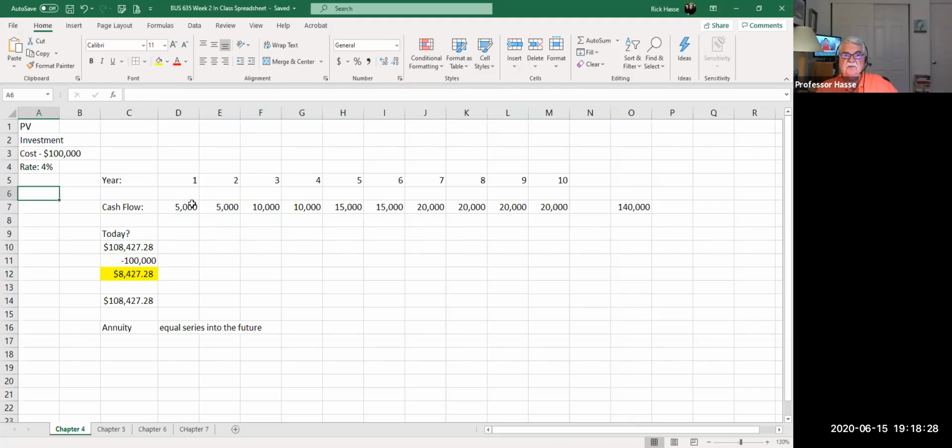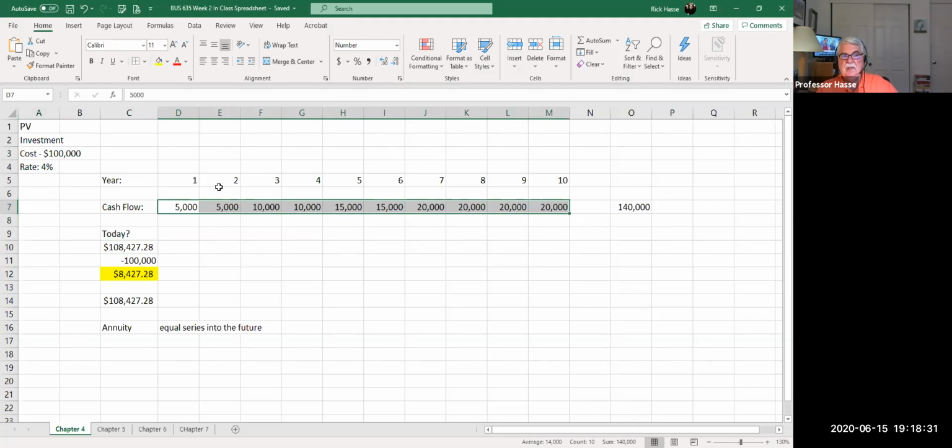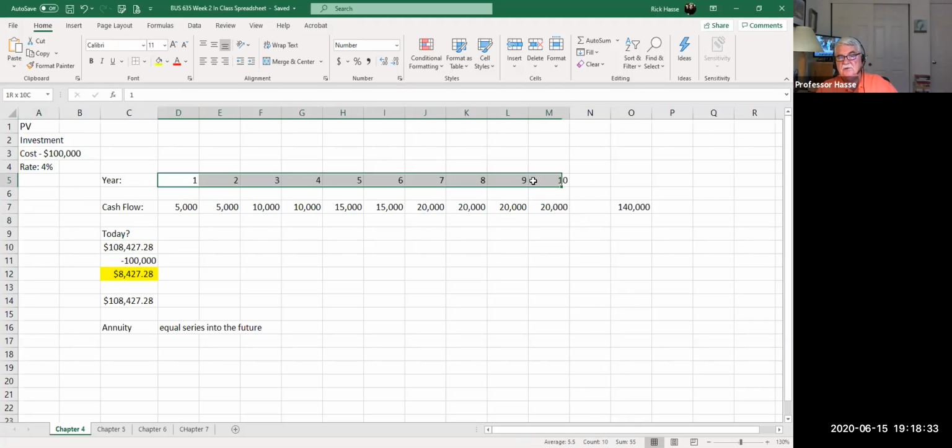What determines this cash flow and what determines the number of years, we leave up to the bean counters, the accountants. The accountants determine the number of years of an investment based on its depreciable life. How long we can depreciate this asset, or what is the determined life of this asset?